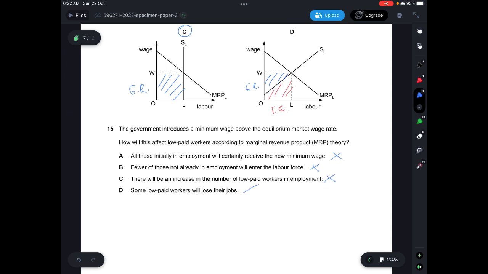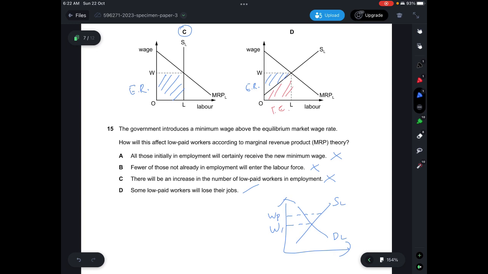This one is correct. Because if you look here, if we were to use this graph, for example, this is the original wage rate, wage 1, for example, then this one is your supply of labor, this one is your demand of labor. If you increase your minimum wage to, let's say here, let's say WP, then your supply will increase, but your demand would decrease.